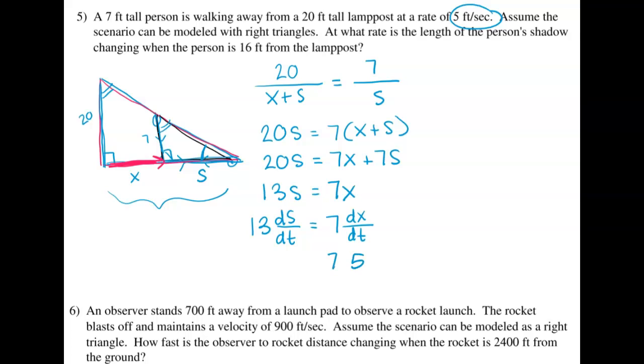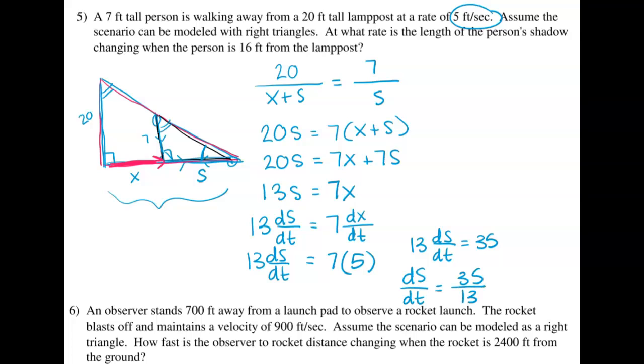So 7 times 5 equals 13 ds/dt. So 13 times ds/dt equals 35. So ds/dt equals 35 over 13.